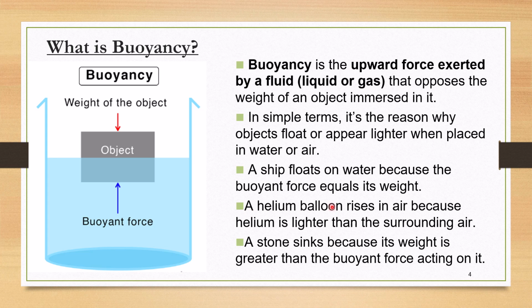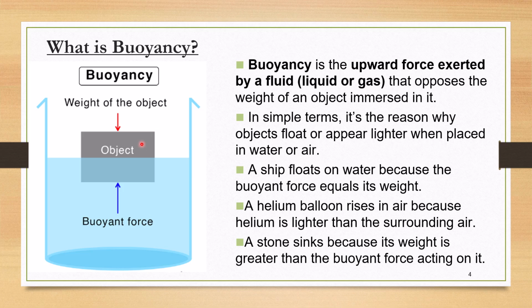Again, a helium balloon rises in air because helium is lighter than the surrounding air, and the buoyancy force is more than the weight of the balloon, and it pushes the balloon in the upward direction. Similarly, a stone sinks because its weight is greater than the buoyant force acting on it.